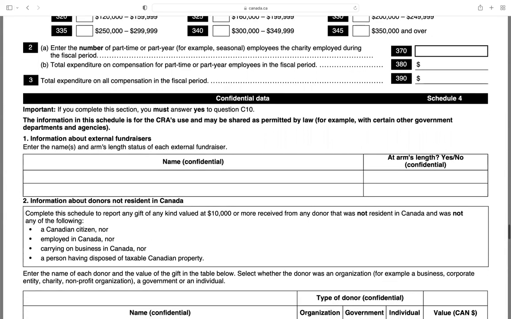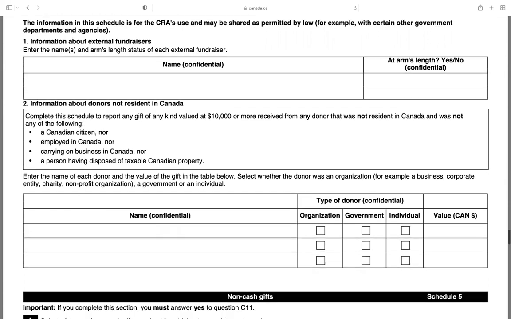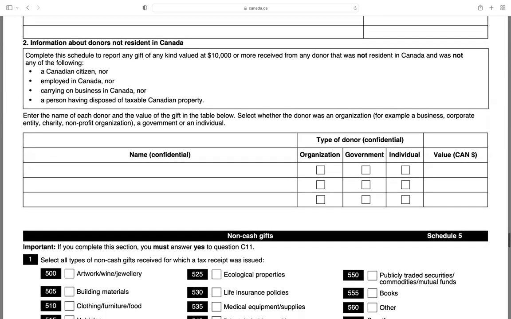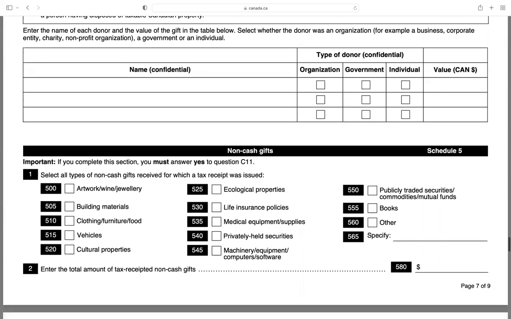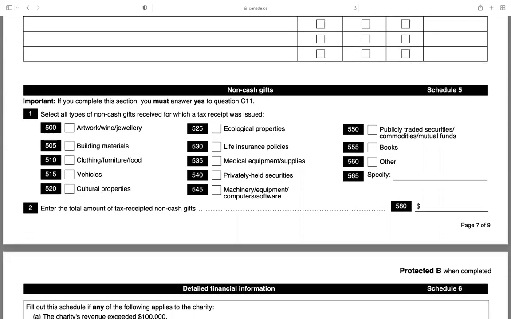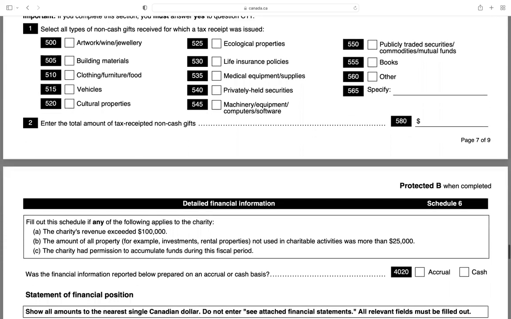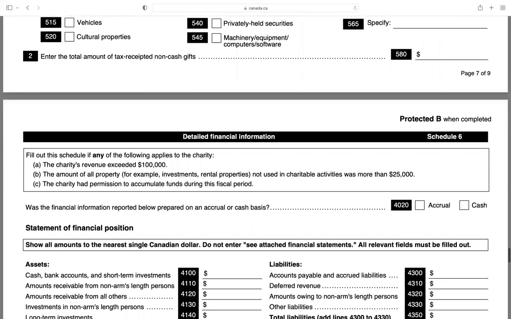Then the confidential data about the external fundraisers, the name, the donor, the organization, the amounts, and if it is non-cash, whether it is a building, clothes, vehicle, life insurance, or medical equipment.